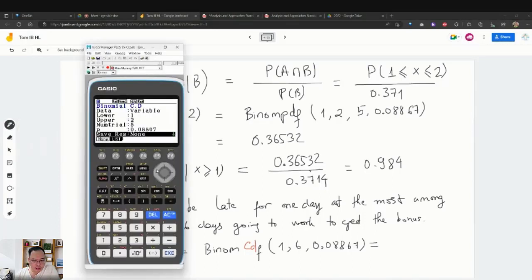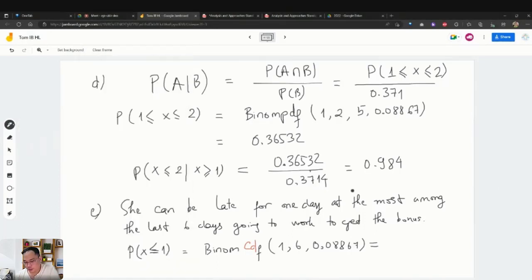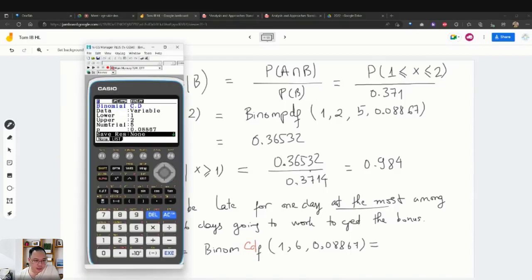I said at the most, meaning she can be late for 0 days or 1 day. So binomial CDF. The lower is 0. The upper is 1. The number of trials is 6.